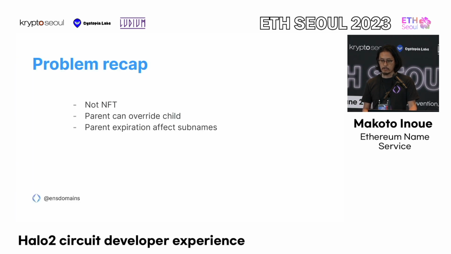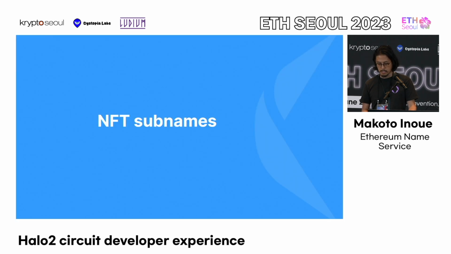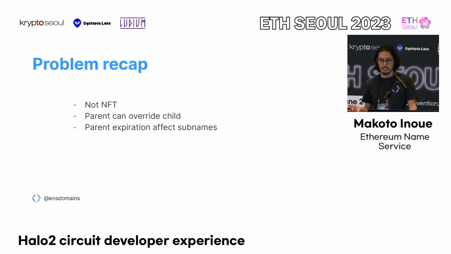Okay, so now I'm going to talk about one of a few ways to issue subnames, and first is called subnames as NFT. Problem recap: the reason why it's not an NFT comes down to the architecture of ENS. ENS has a hierarchical architecture.